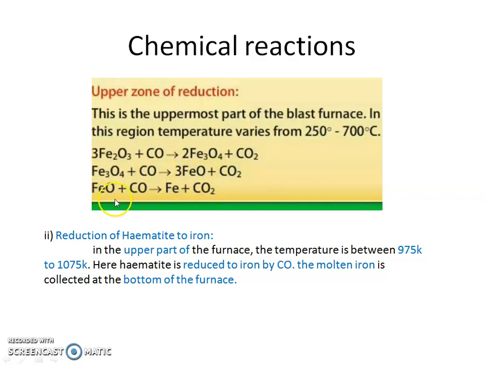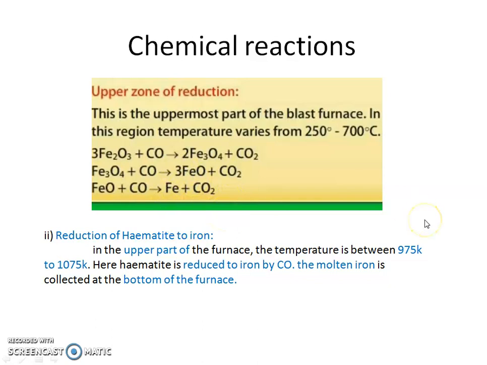This ferrous oxide will react with carbon monoxide, which is produced through the reaction of carbon dioxide and coke. This carbon monoxide will heat up the furnace, so carbon monoxide is everywhere. It will react with ferrous oxide to form iron and carbon dioxide. This iron is in impure form, that is molten iron, and it will contain some impurities.